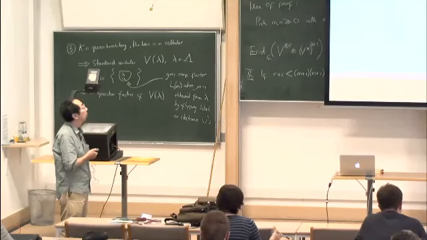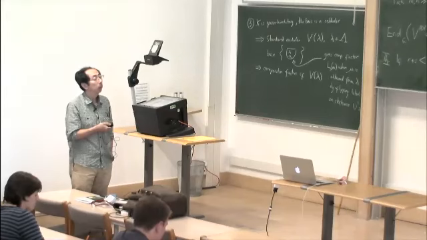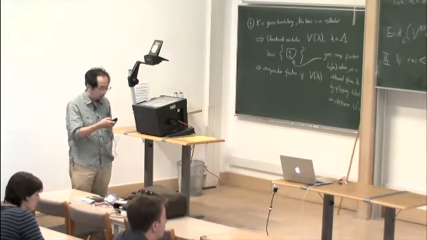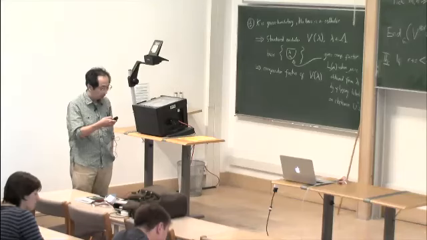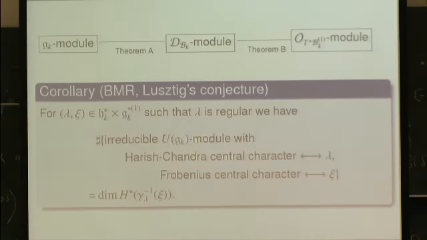And this category can be replaced by the category of D tilde modules. And using theorem B, we have some correspondence, kind of Morita equivalence between O modules and D modules, supported on certain subvarieties. And using these correspondences, we obtain the following results, due to BMR.